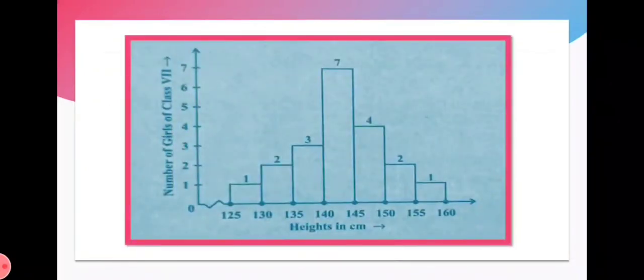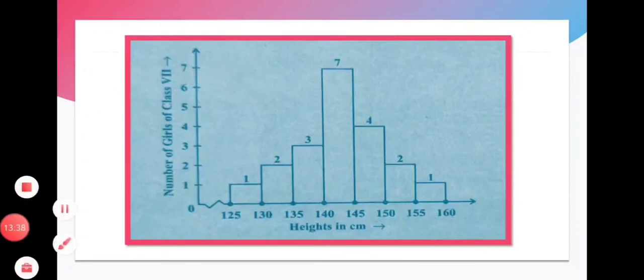Here you can see in the example that heights of the students in centimeters and number of girls of class 7th are given. Heights in centimeters are taken on the horizontal axis, that is x-axis, and the number of girls of class 7th are taken along the vertical axis, that is y-axis. After writing that, you will make the rectangles.